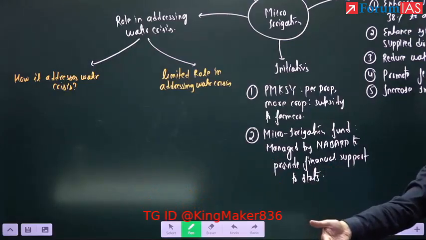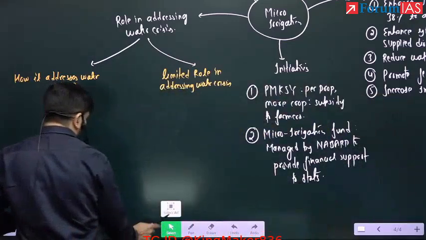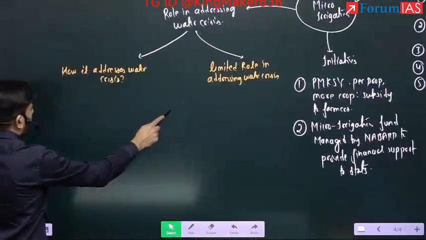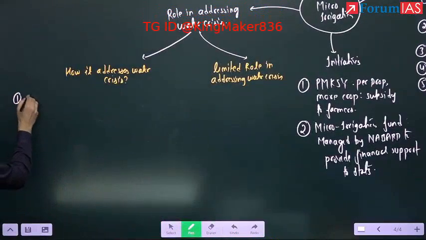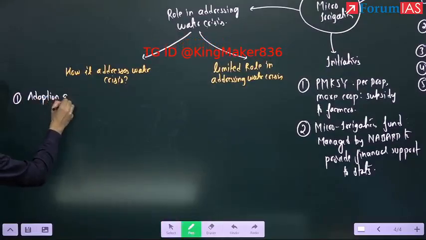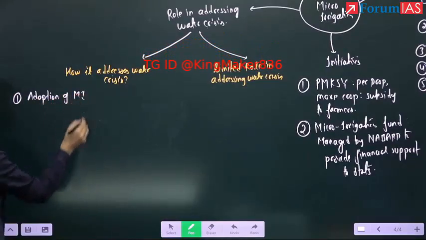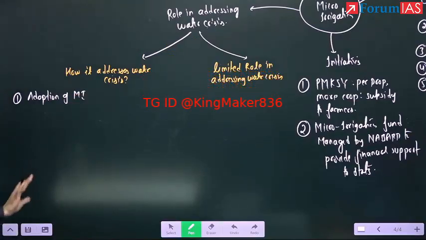Getting it? So one point which I can write here is how it addresses water crisis. We can adopt micro irrigation. Though I'm writing short form as MI, do not write short form in the mains, write full.